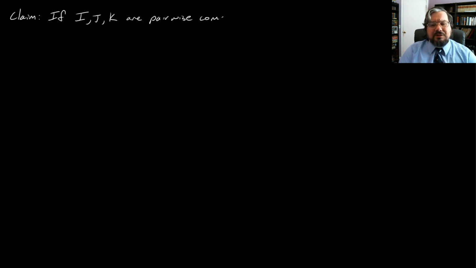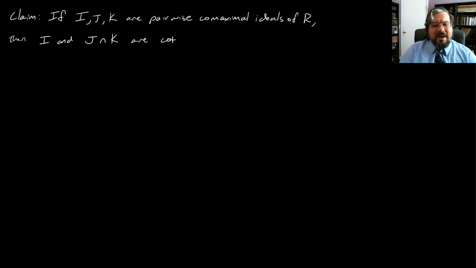So before the inductive step, we'll prove the following claim: if I, J, and K are pairwise comaximal ideals of R, then I and J intersect K are comaximal.